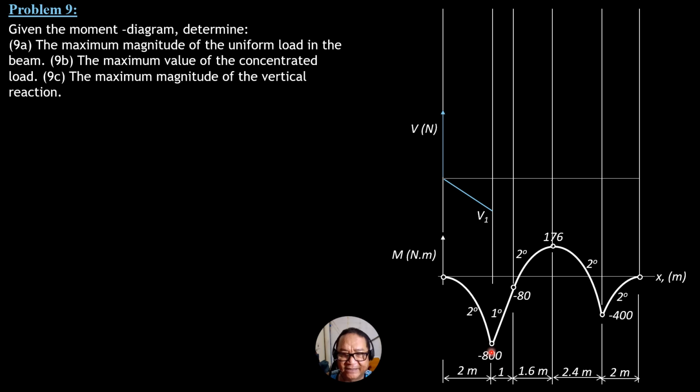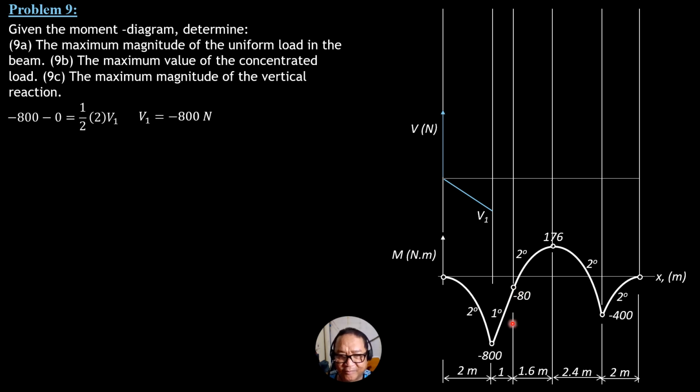So again, negative 800 minus 0, change in moment, equals the area of this diagram, 1/2 of 2 times V1. So V1 equals negative 800 newtons.